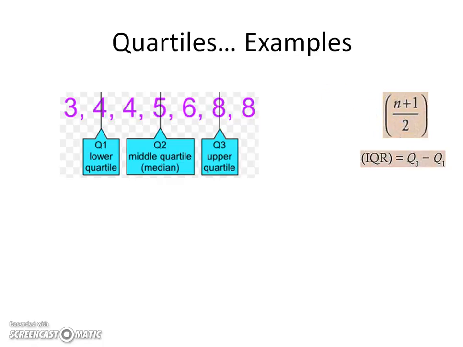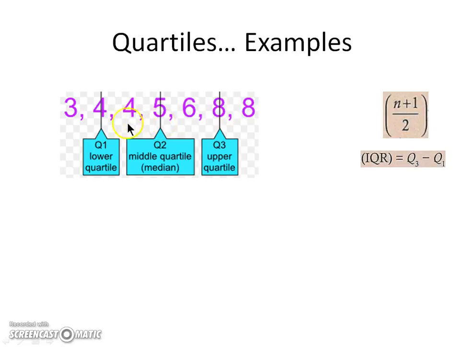So in this case, I have seven samples, and the fourth one will be my median. That's my Q2, or just the median. Now my median cuts my data into the lower half and the upper half.